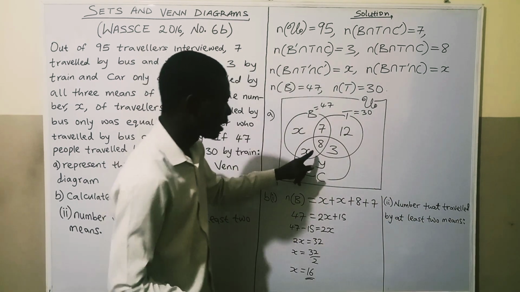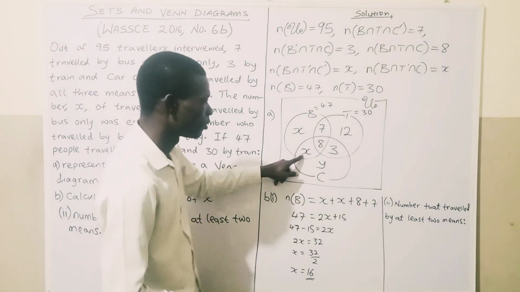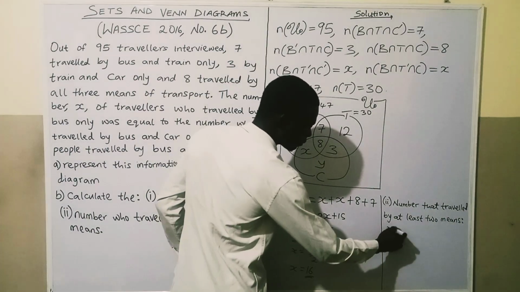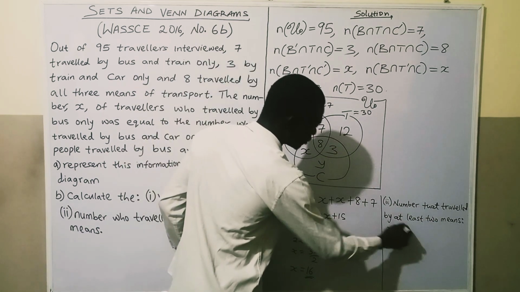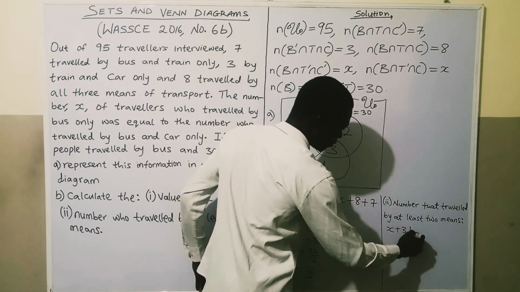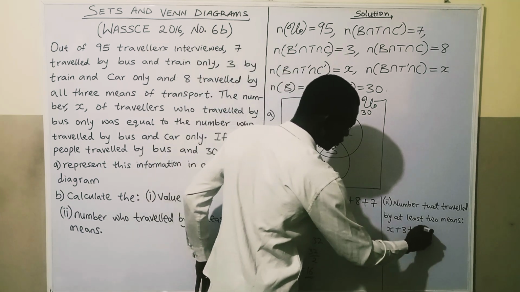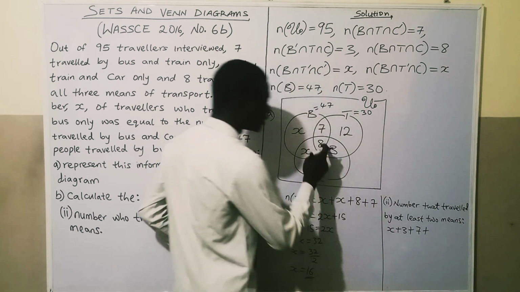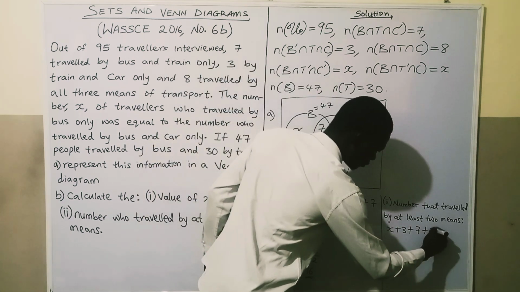So that's going to be either 2 means, this and this, or the 3 means of transportation. That's going to be X, which is bus and car only, plus 3, which is car and train only, plus 7, which is bus and train only, and then plus 8, which is those that travel by all 3 means of transportation.